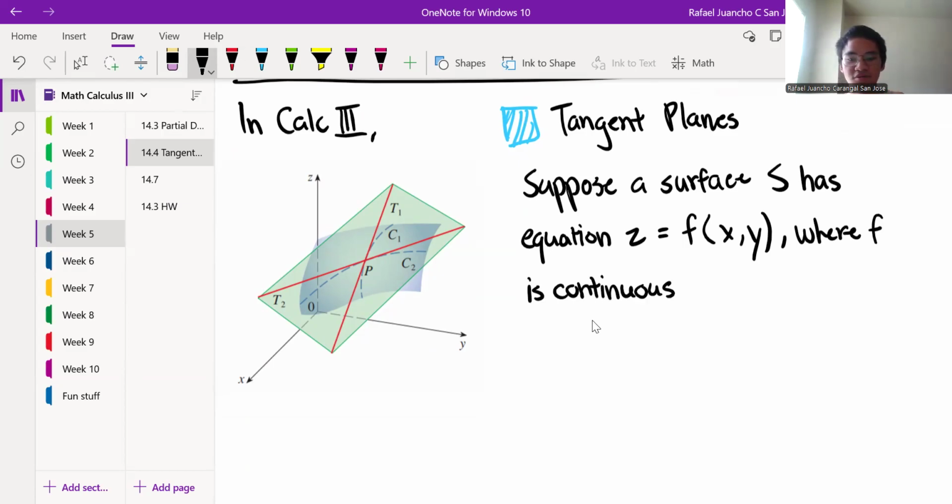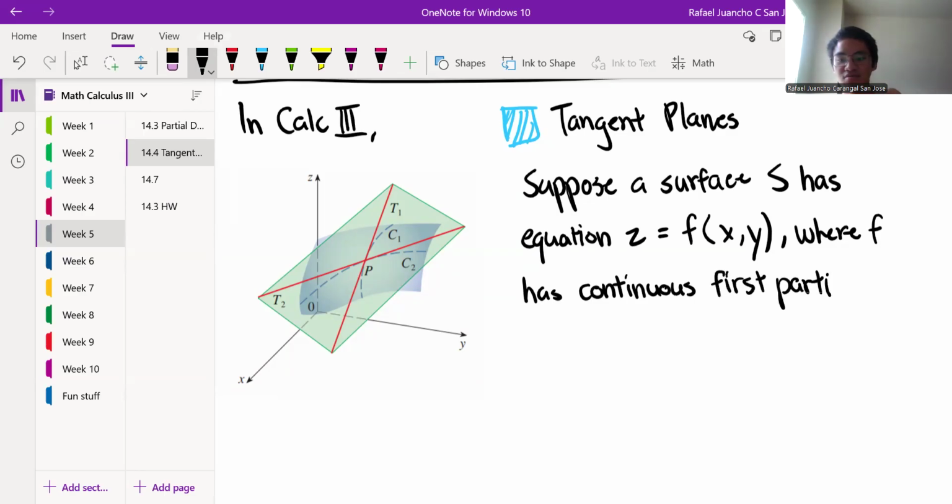It has continuous first partial derivatives, right?